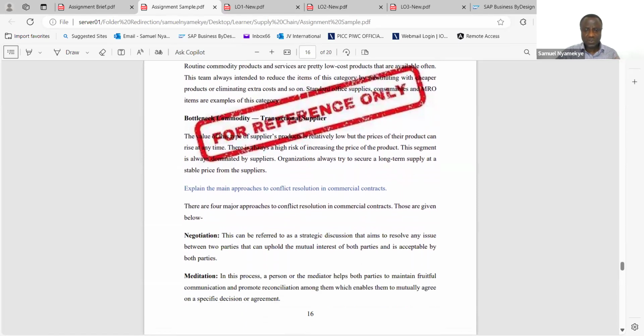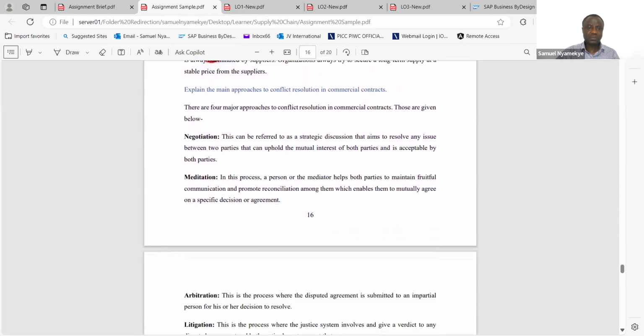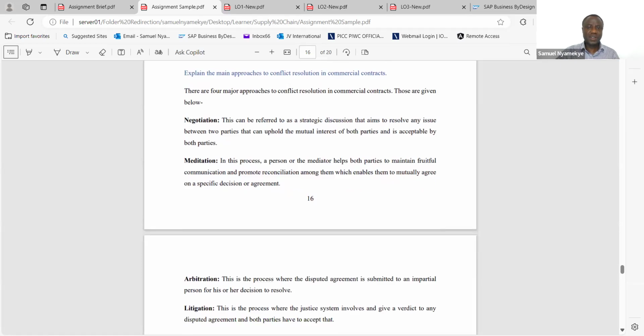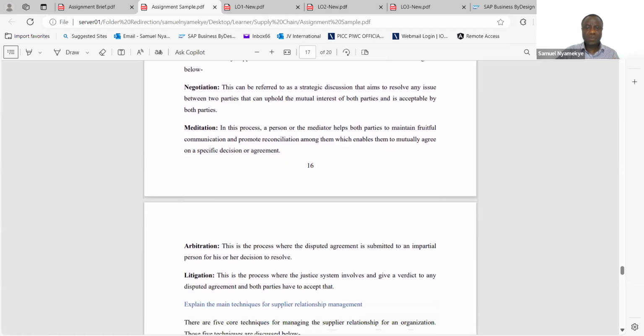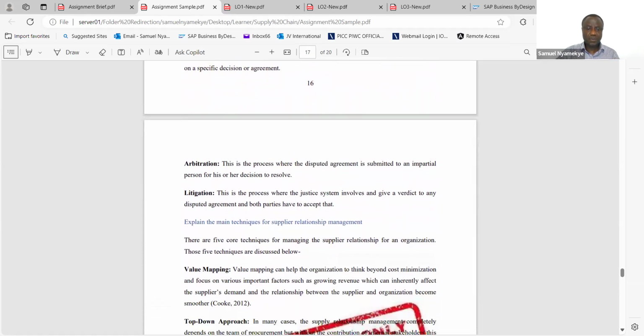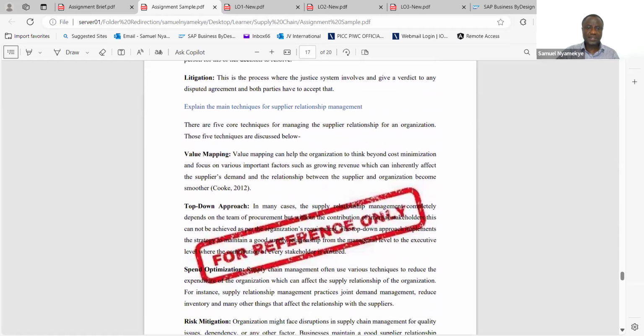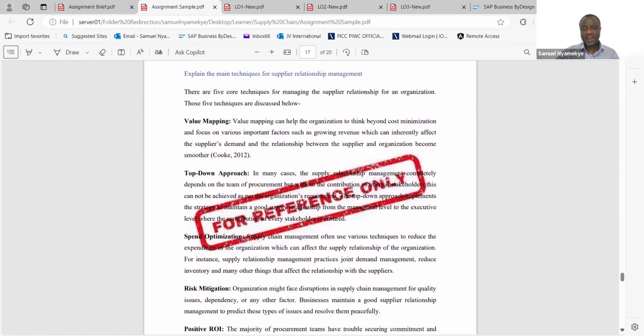Bottlenecks, you know exactly what to do. When it comes to the conflict resolutions, the various approaches, you pick them one by one, and you also do that. Then the final one, which is quite important, is the supply relationship.